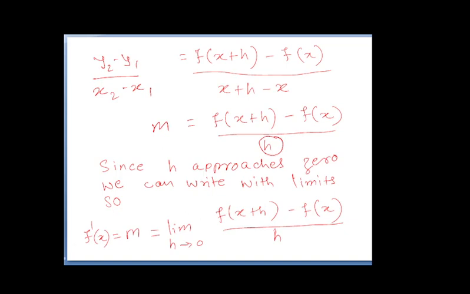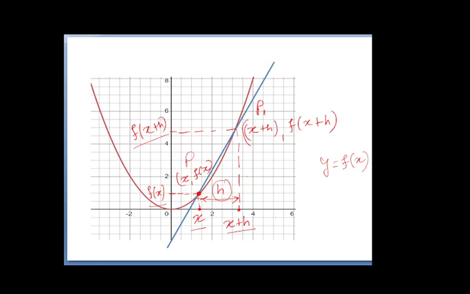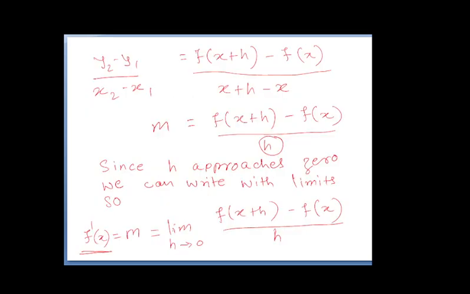So we say f prime x, which is the derivative or the slope of the graph at that point P, equals the limit as h tends to 0 of f(x plus h) minus f(x) over h, because when h approaches 0, this point P1 will approach P on the graph, and that is why we are taking the limit. This is the slope of the graph at that point P.